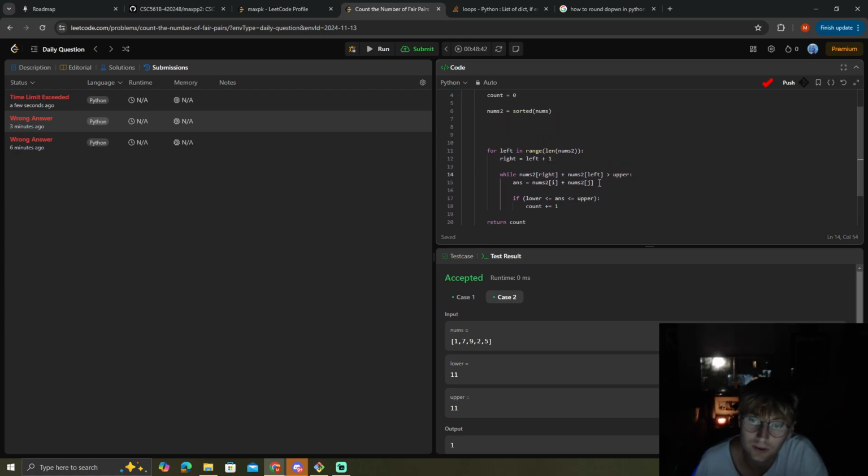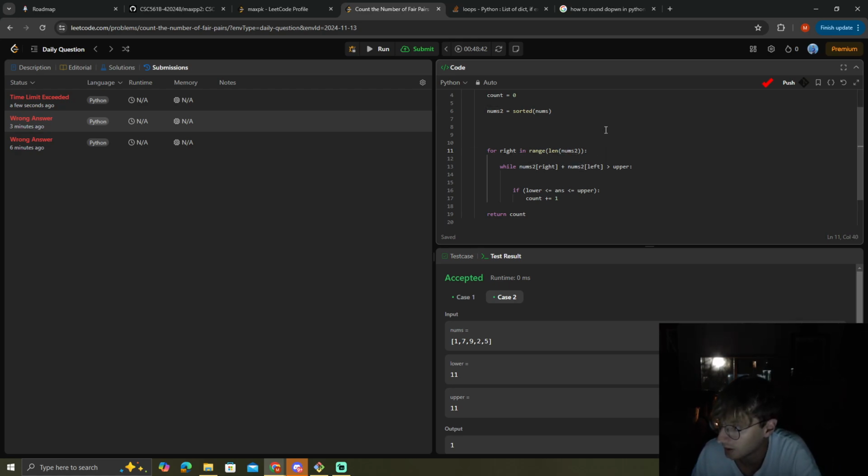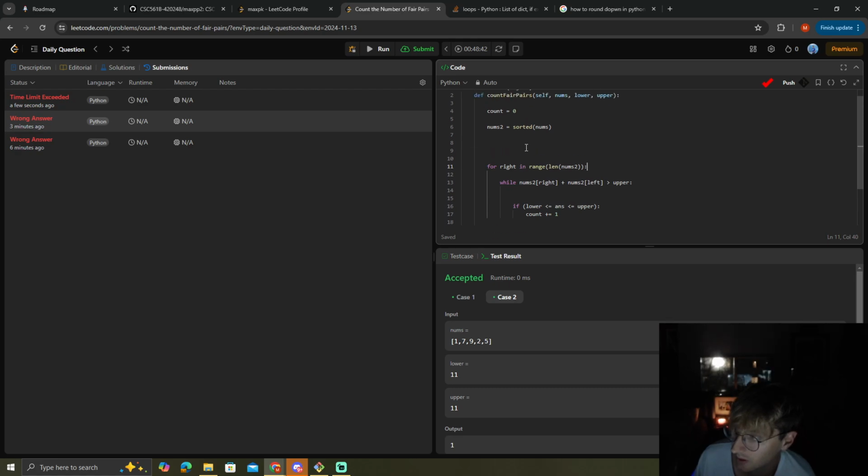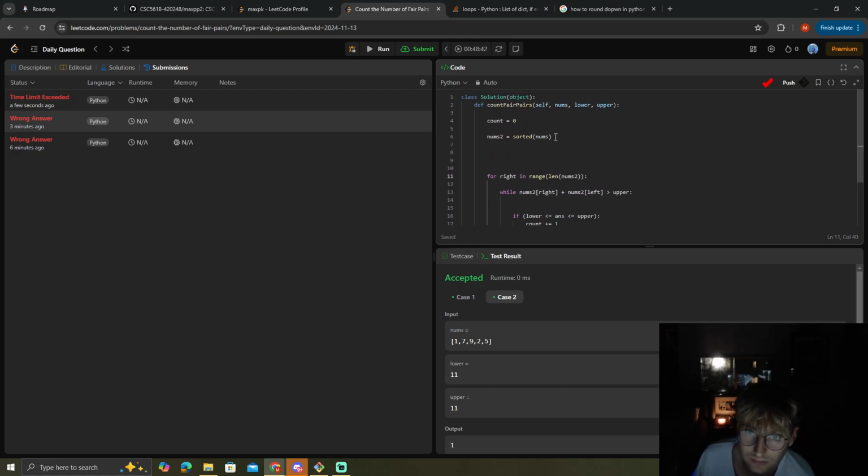No, you can't do it like this. It has to be right for right in length nums2. So apparently you can just do a nums dot sort. I didn't know that was a thing, but okay.